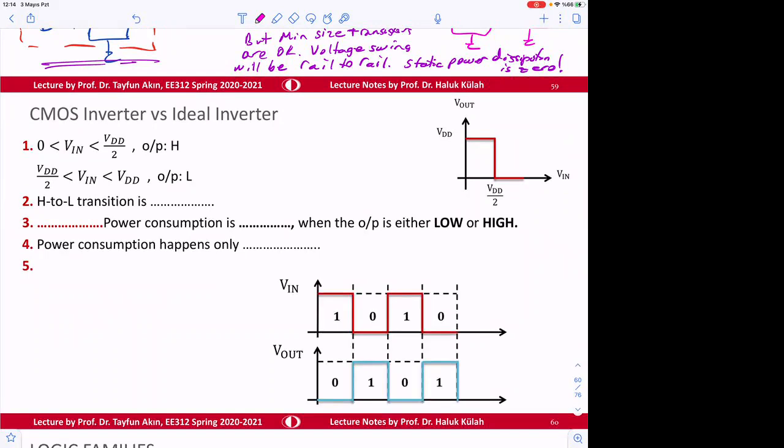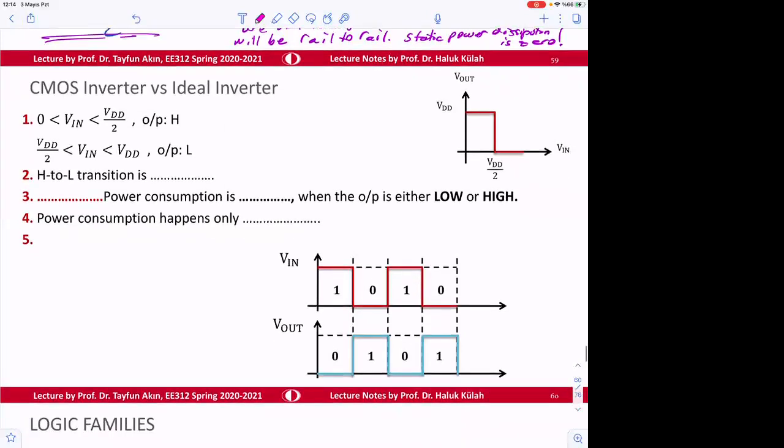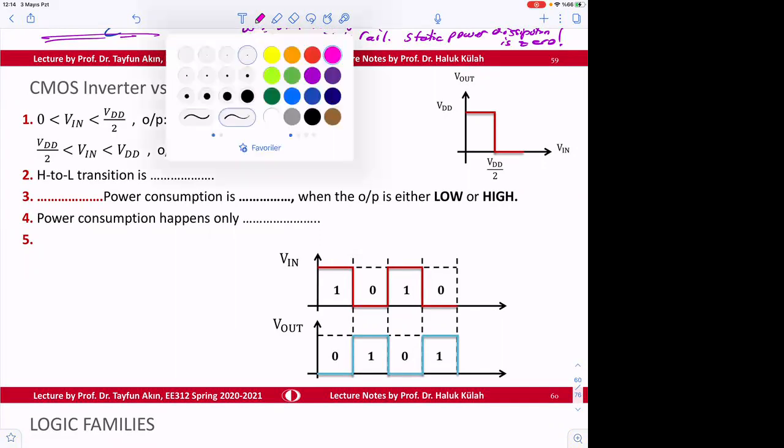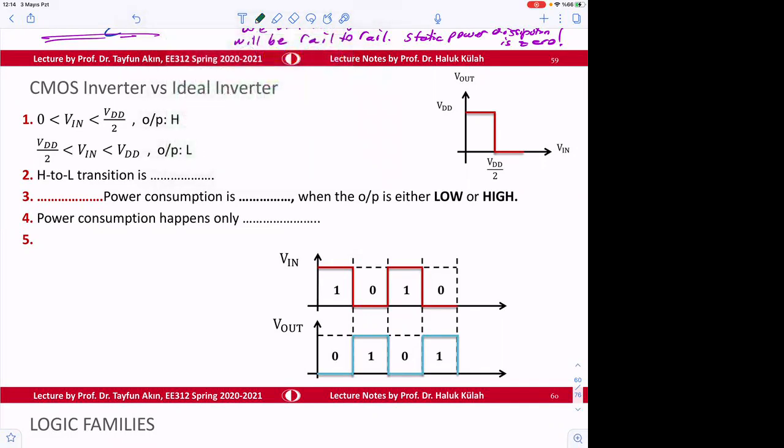So here it's showing the slide CMOS inverter versus ideal inverter. The CMOS inverter is very close to ideal inverter. So it starts from here to here, it goes like that. And then it's here to here, it goes like this.